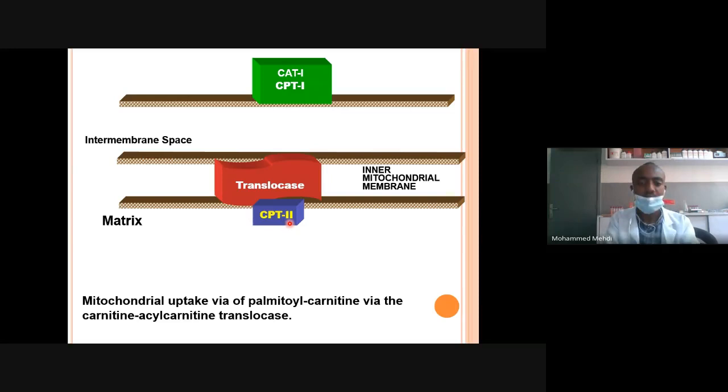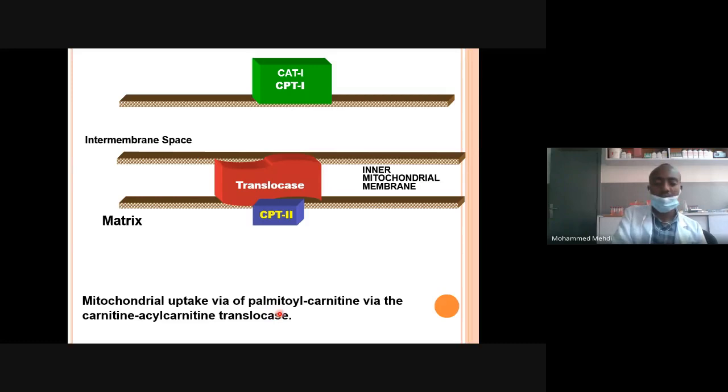It removes carnitine and adds coenzyme A on the acyl group. This occurs on the inner membrane of mitochondria. On the outer membrane, we add carnitine. By the inner membrane of mitochondria, we remove carnitine and add coenzyme A.